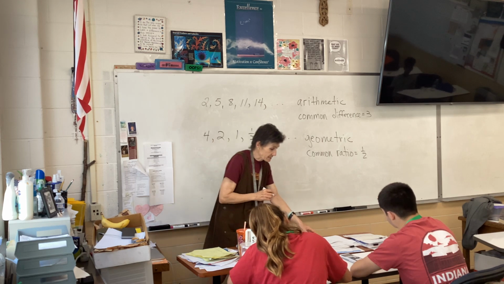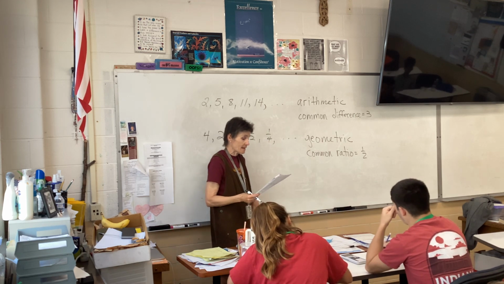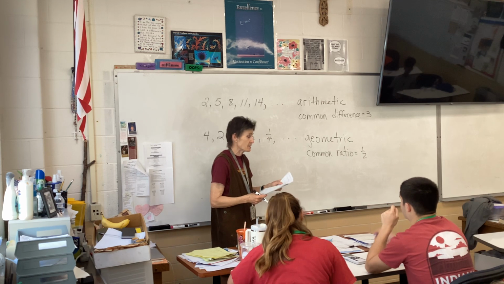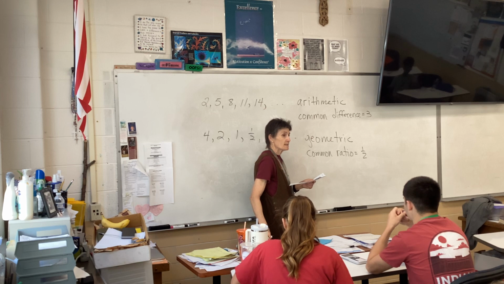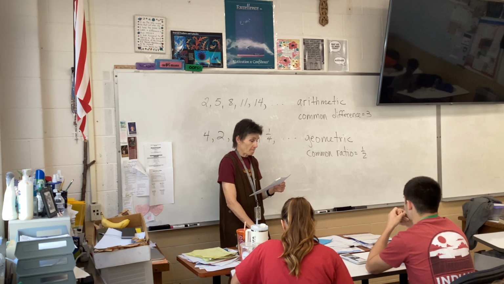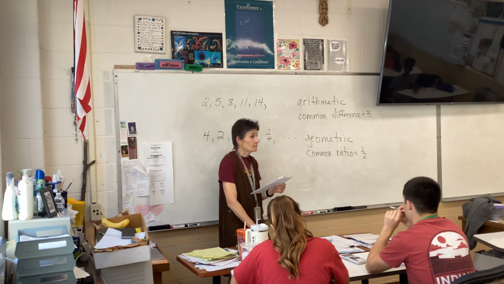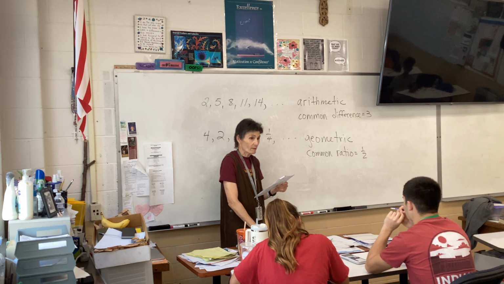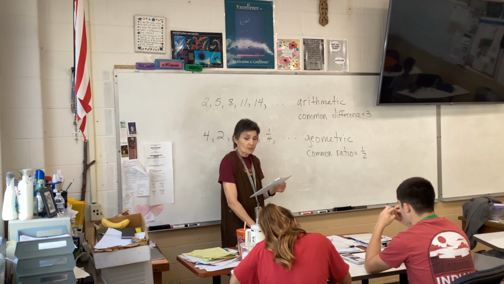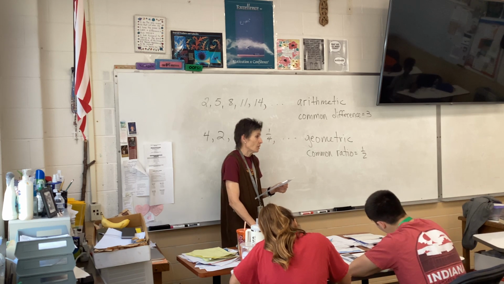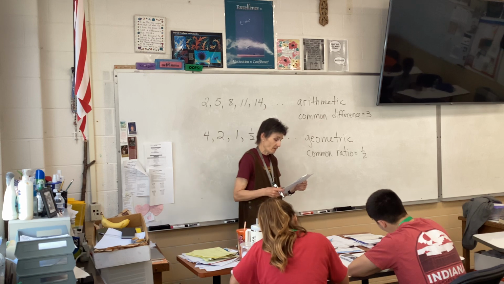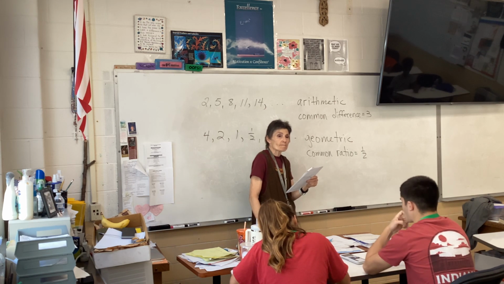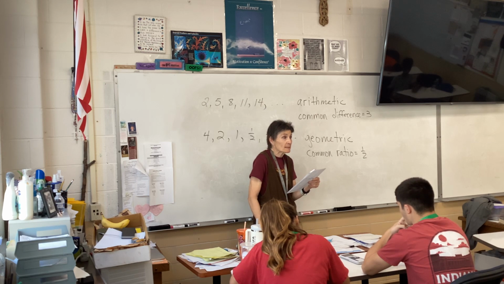Okay, so let's see if you can identify the sequence as arithmetic, geometric, or neither. All right, let's look at letter A. What do you think is happening there? Geometric, because we're multiplying by what? 1/2, 0.5. So geometric, and r, just call it r, the ratio is 0.5. All right, what about B? What's happening in B?